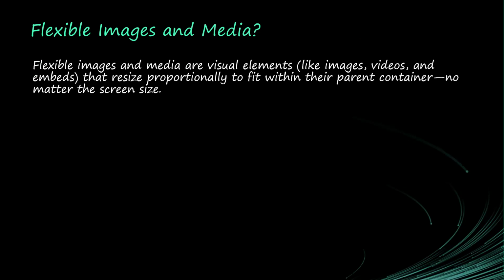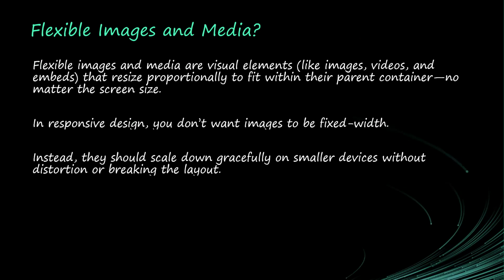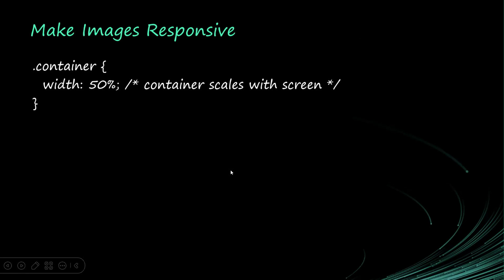All right. Flexible images and media are visual elements that resize proportionally to fit within the parent container. Basically, when you have an image, make sure your image is inside of a container. Always have your images inside of a container. Now look at this container, we are saying it is 50%.